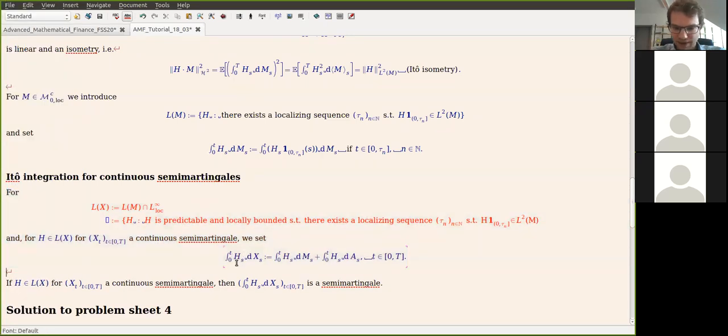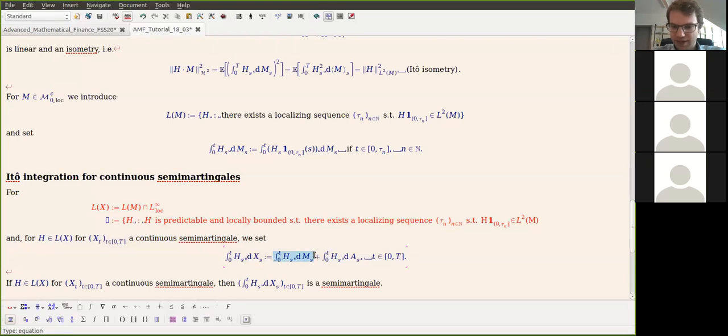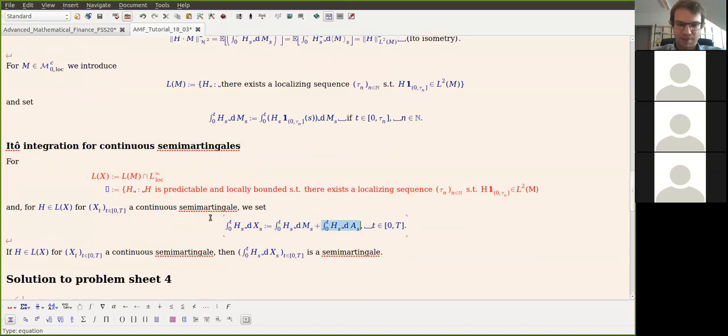So if I have this object, this is a local martingale, this is of finite variation. So this gives me directly the definition of a semi-martingale into a local martingale part and a finite variation part. But this is what we use rather often now, that we can basically integrate with respect to a stochastic integral.